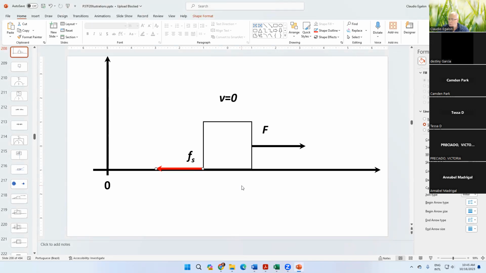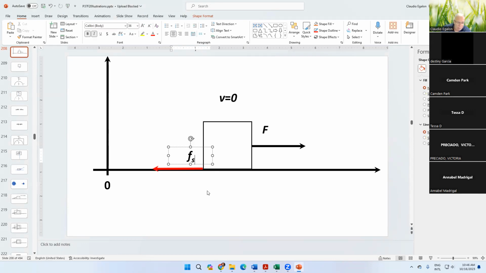It's on the verge of motion, okay? That's what we do observe in real life. And at this point, the force of static friction becomes the maximum value of the force of static friction, okay? That's what you have to know about the force of static friction.